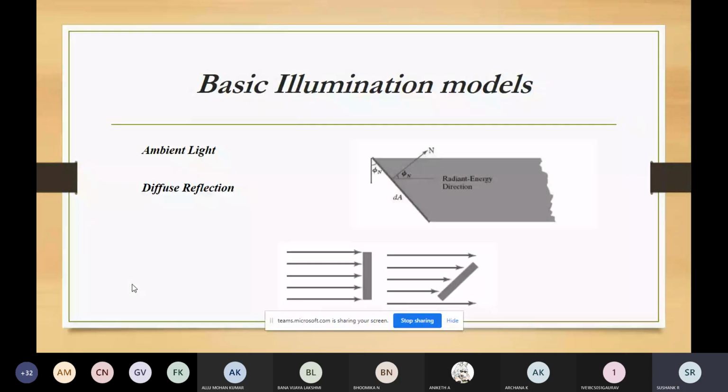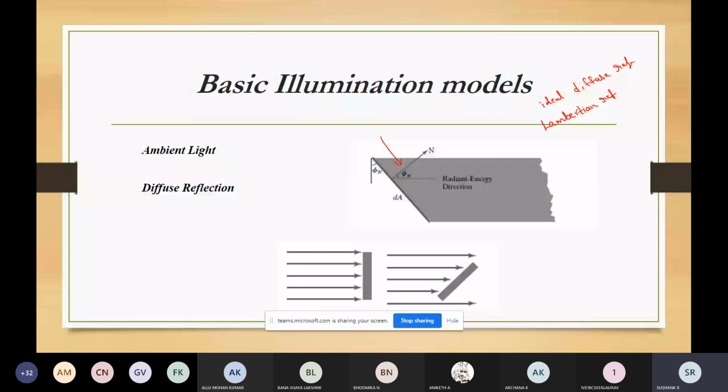What this law tells us is that some part of the light is falling and the light is getting reflected in all directions. That is how these surfaces are determined to be ideal diffuse reflectors, or Lambertian reflectors. Why do we call this a Lambertian reflector?